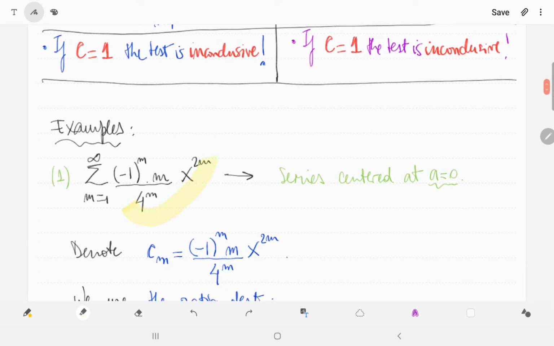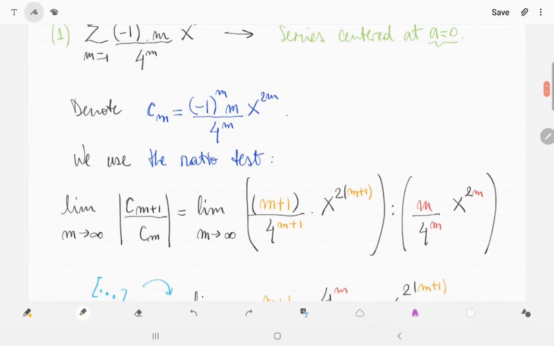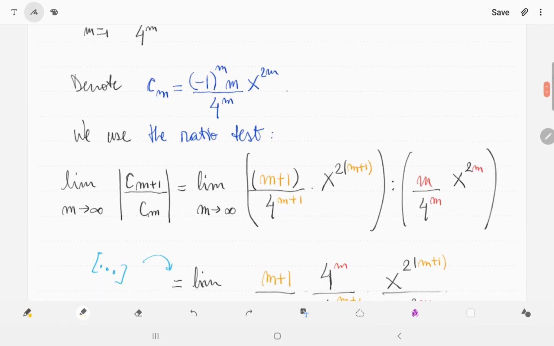We will take the whole expression here, not only the numbers but also the variable x, and call that CM. For instance, here we're using the ratio test, so we have to calculate this quotient, and we replace just the information.